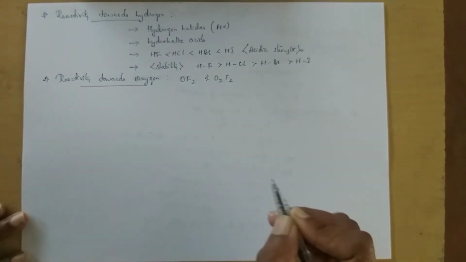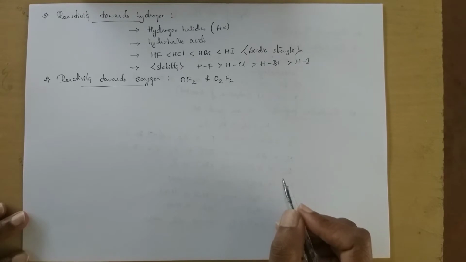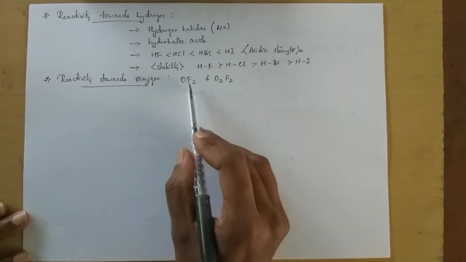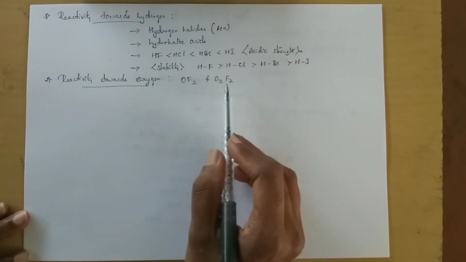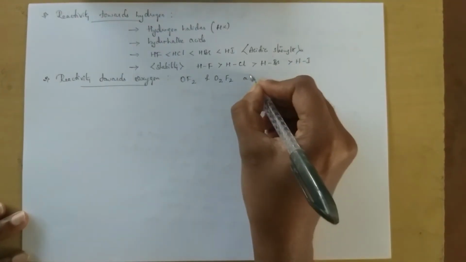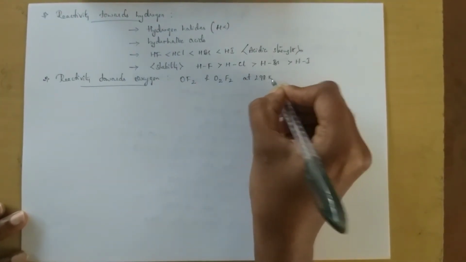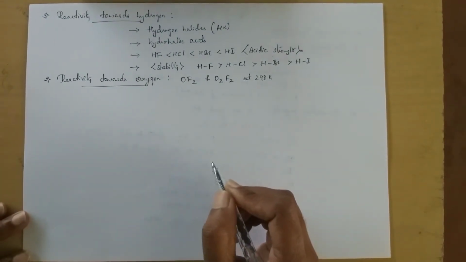It will form two types of oxides, that is OF2 and O2F2, and they are thermally stable at 298 Kelvin. These oxygen fluorides are strong fluorinating agents.